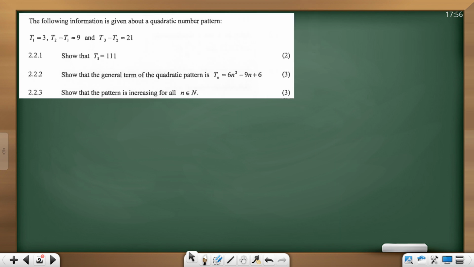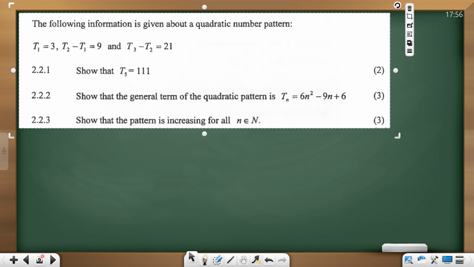Let's see this one. The following information is given about the quadratic number pattern: T1 is 3, T2 minus T1 is 9, T3 minus T2 is 21. Okay, I think the best thing would be to create a simple ladder.